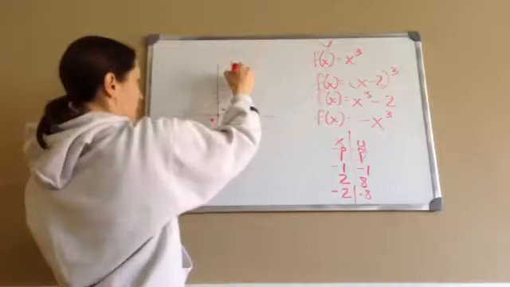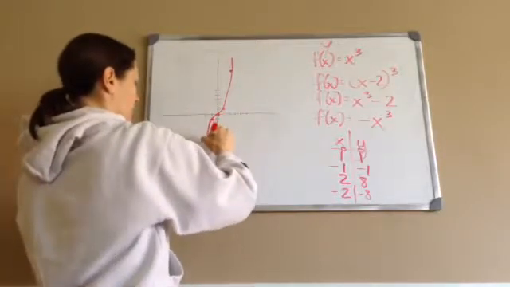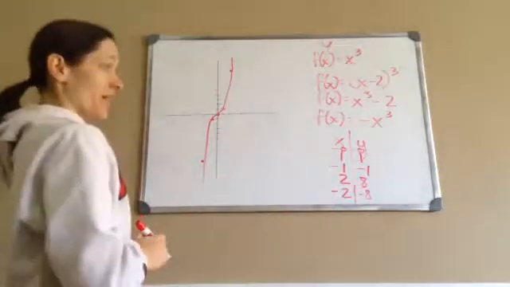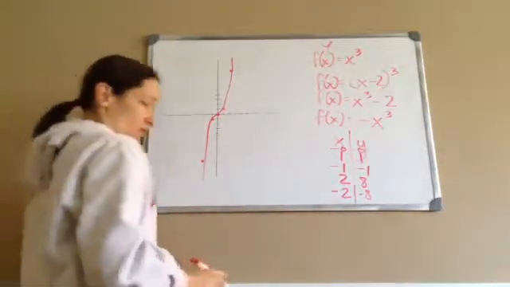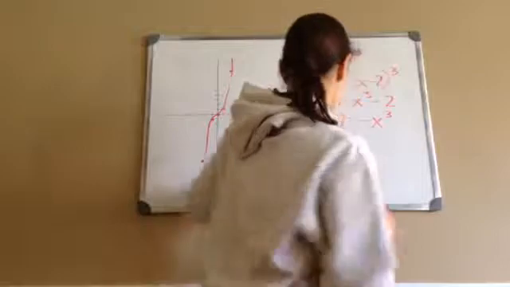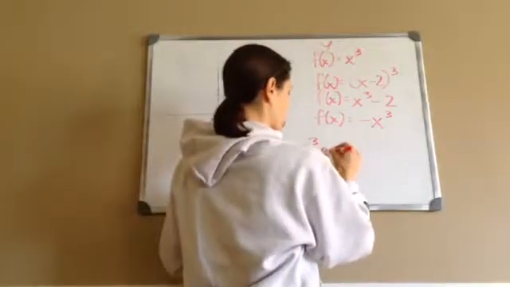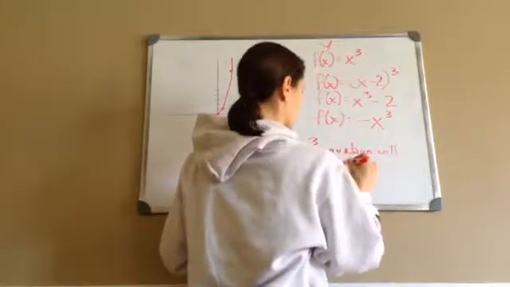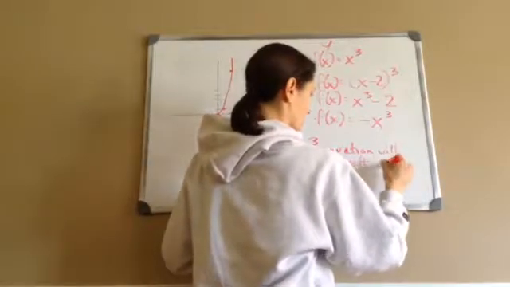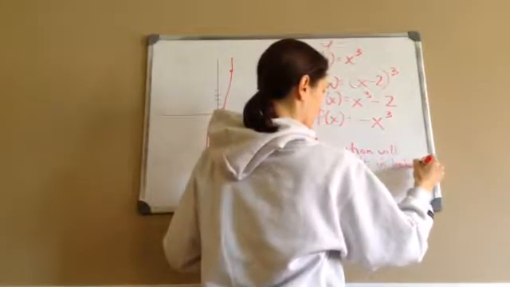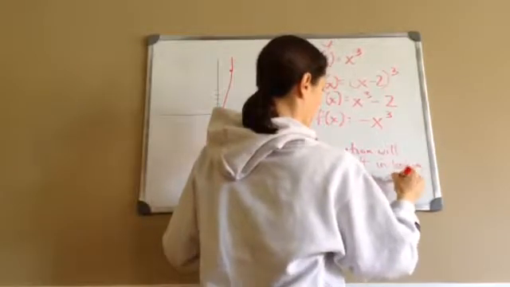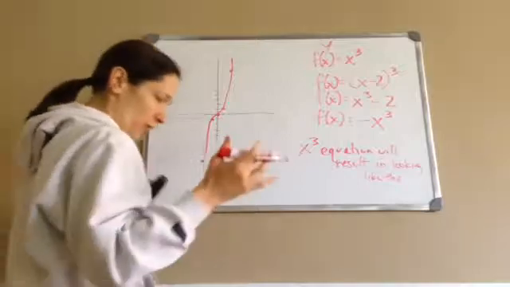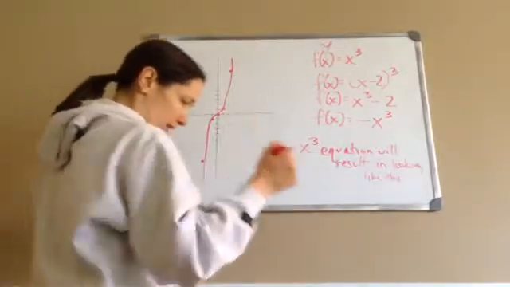This is going to make a weird function. Okay, so guess what? On your notes, you need to say x cubed equations will result in looking like this. Got it? X cubed or cubic functions will look like this.